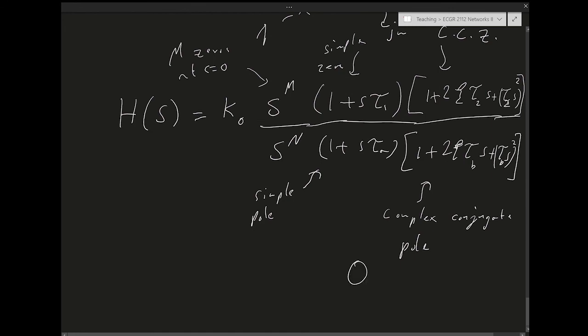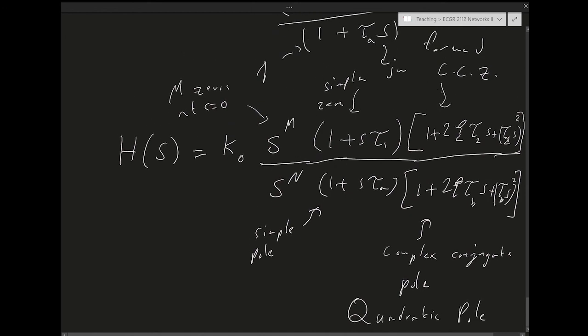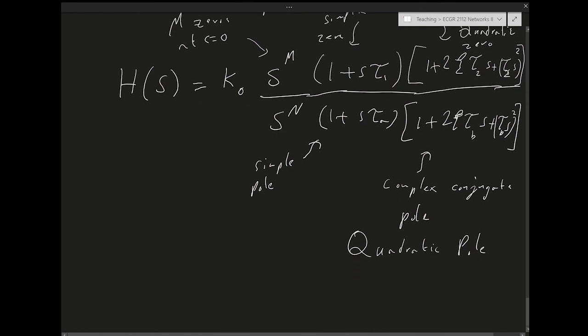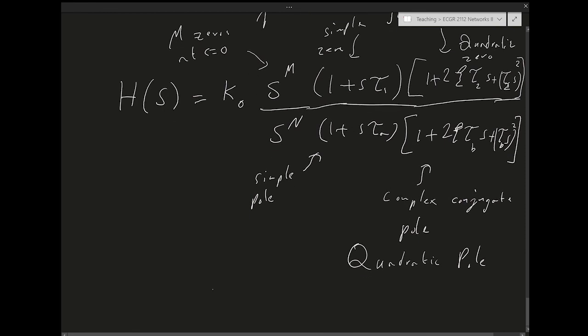Another name for those two expressions is a quadratic pole and a quadratic zero. And that's it. H of s might have other terms, but all the other terms will look like this, right?